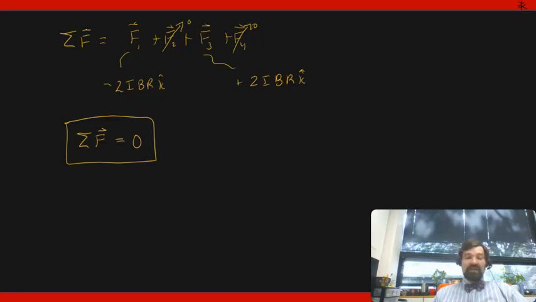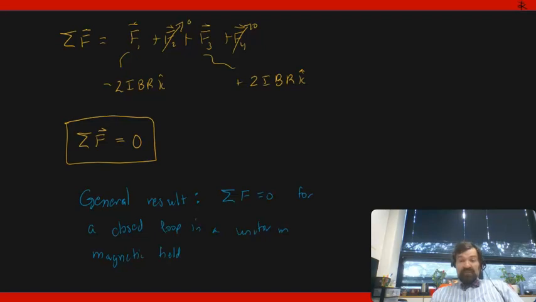And this actually is a kind of general result, which we'll come back to in the future. Namely, if you add up all the forces around the wire, the sum of forces equals 0.